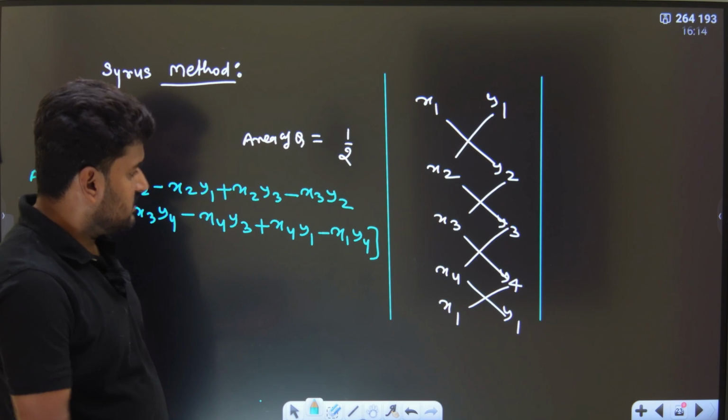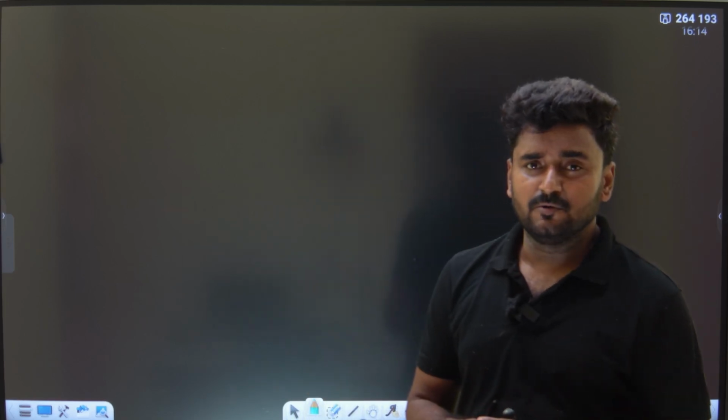Now let us see the area of any polygon. Suppose there is any polygon, the vertices are given, and you have to find the area.